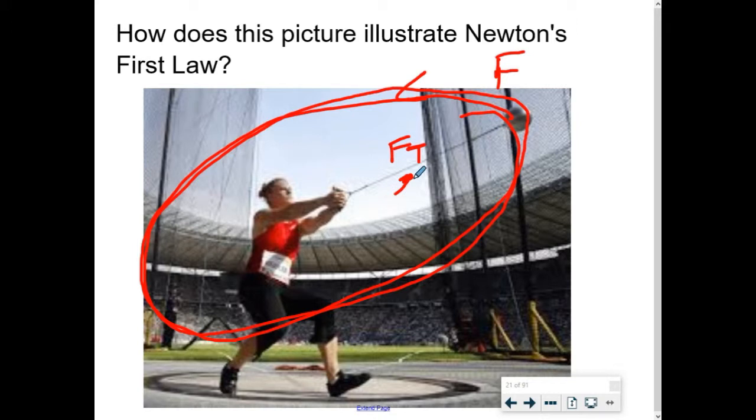Because this chain has a lot of pressure on it, right? This chain better not be made out of dental floss or it's going to snap, right? So this chain has tension on it. And one of the reasons why this chain has tension on it is due to a force that we're going to eventually talk about, which we abbreviate FC. You maybe have heard this word before. It's called, I need more space. I'm going to put it over here. Centripetal.